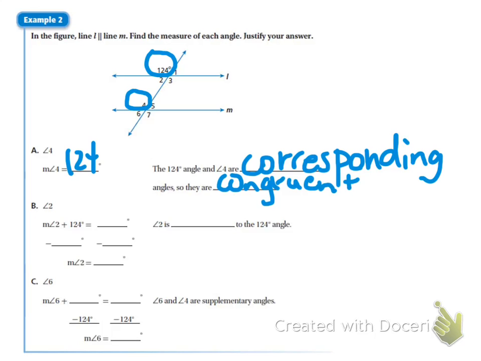Okay, so number 2, angle 2 is how many degrees? 56 degrees. And we found that from subtracting 124 from 180. So we know that angle 2 is supplementary.